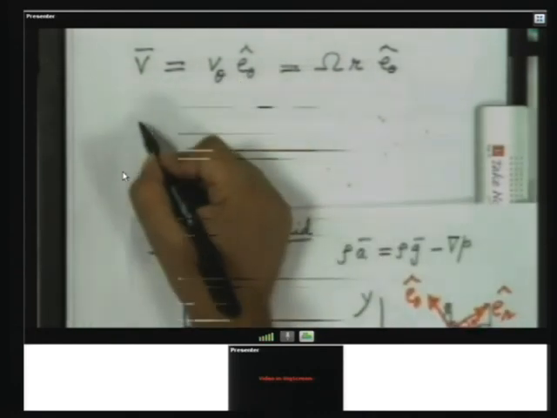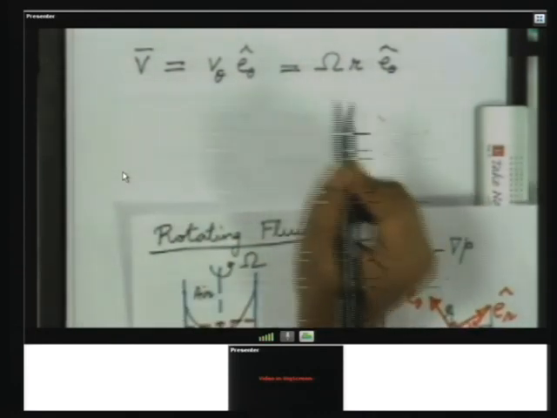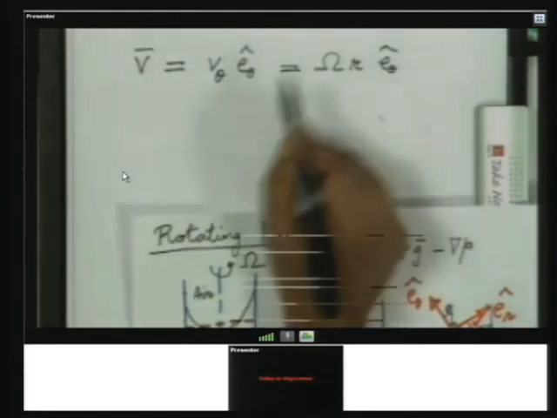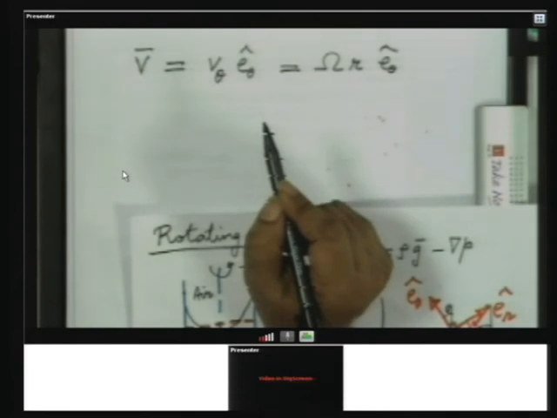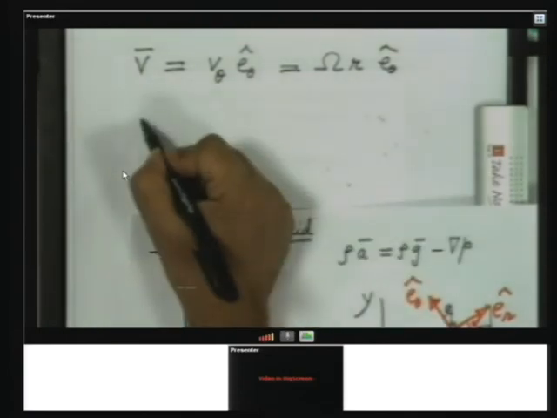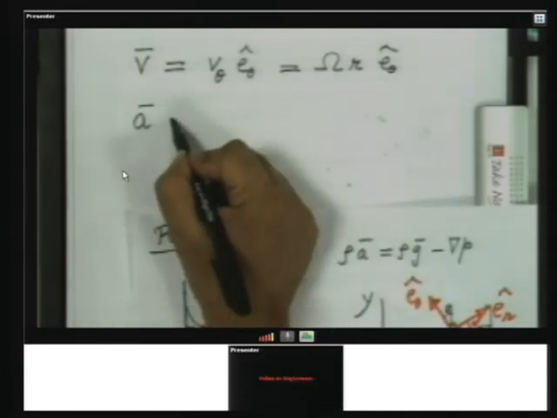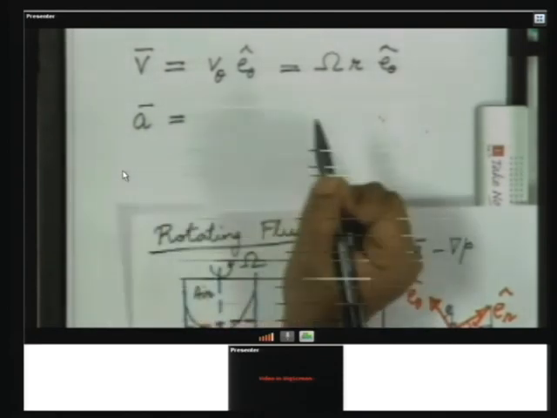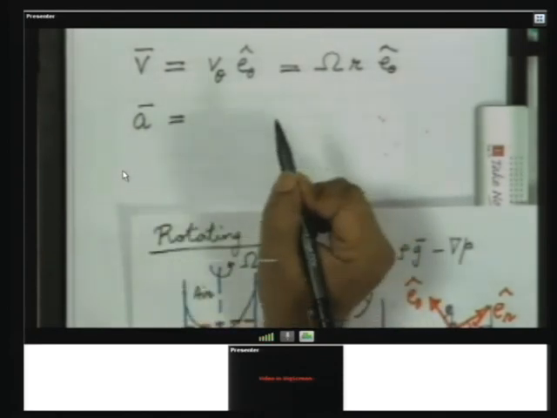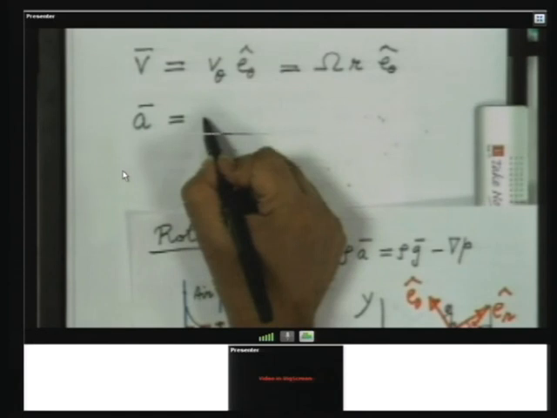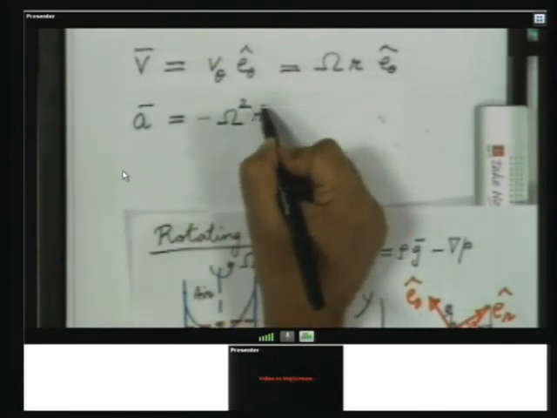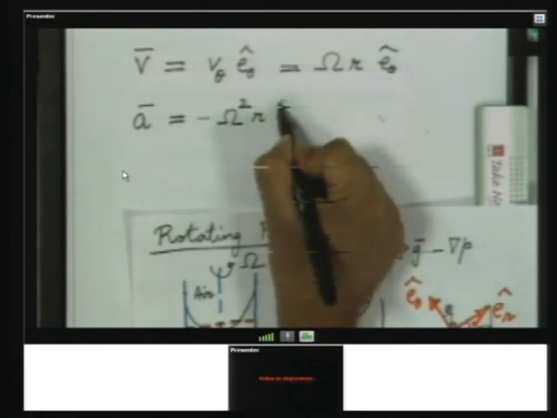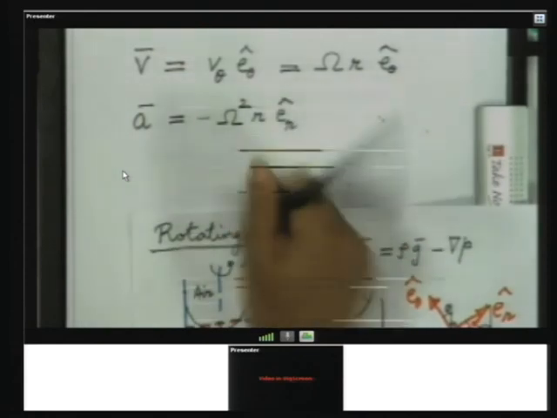Now, given this, you can, of course, if you want, express it in terms of Cartesian coordinates x, y, and then find the acceleration, but you know the acceleration is going to be in the radially inward direction. So, it is going to be minus omega squared r e_r. So, this is your centripetal acceleration.